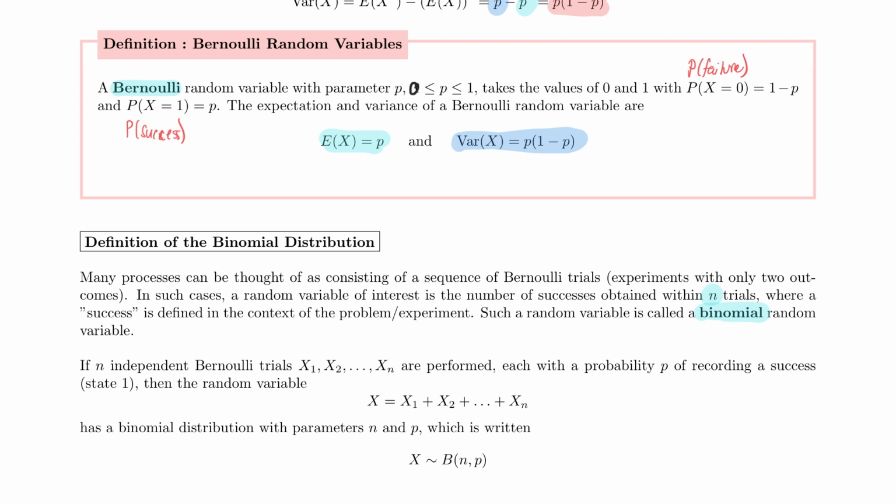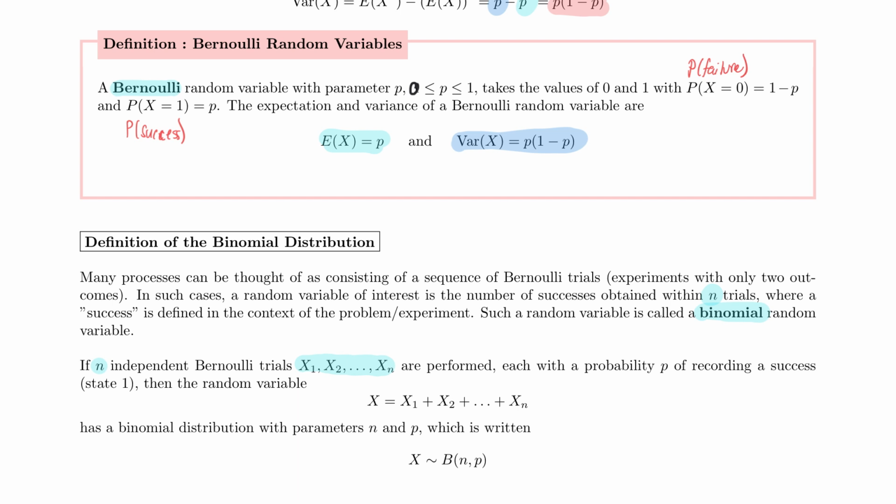If n independent Bernoulli trials, x1, x2, all the way out to xn, are performed, each with the same probability p of recording a success, then the random variable x is the sum of all of those experiments. And we say that that creates our binomial distribution.